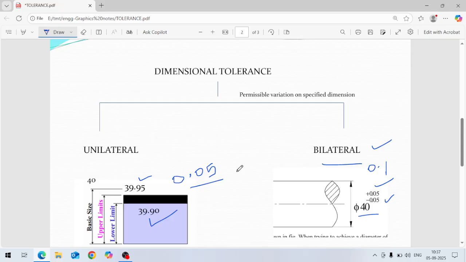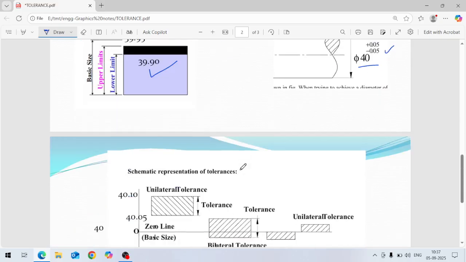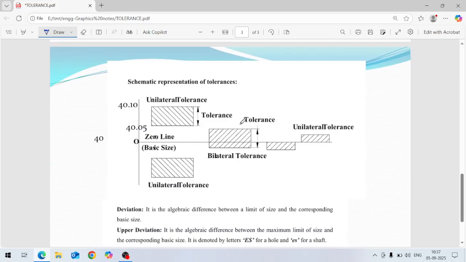Okay. So if you see in this example, this is the case of unilateral tolerance. The upper limit is 40.10. Your basic size is 40 mm. The zero line means this is the basic size. On the basic size, two limits are there, 40.05 and 40.1.